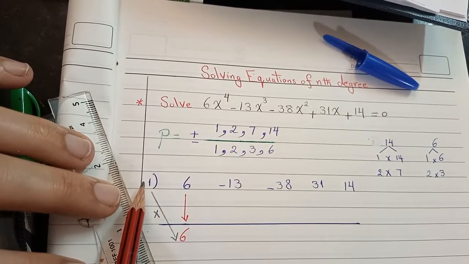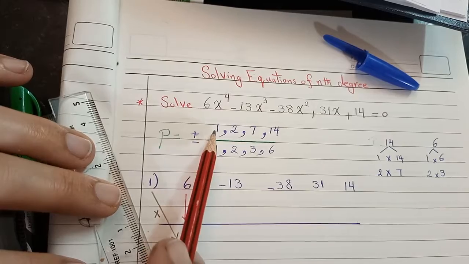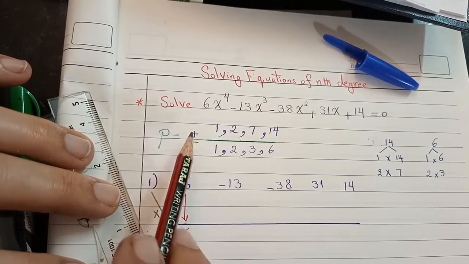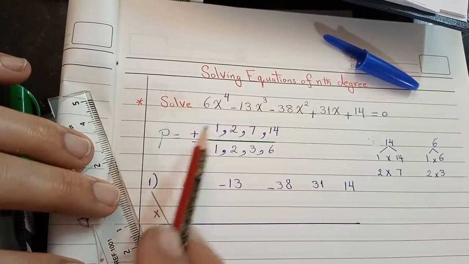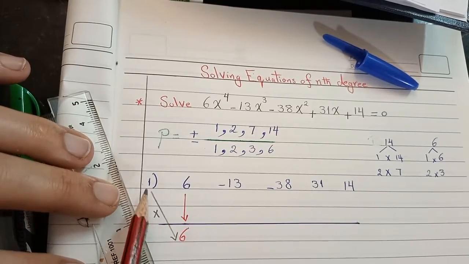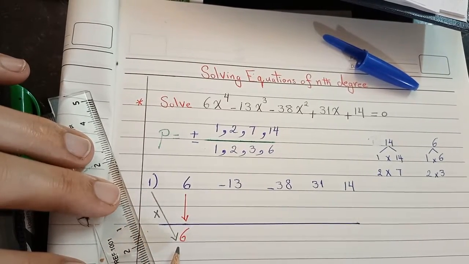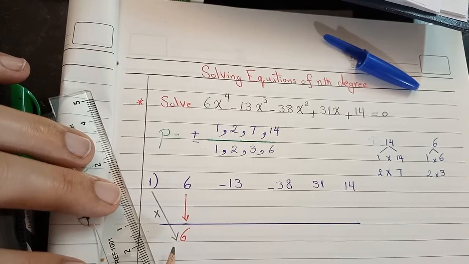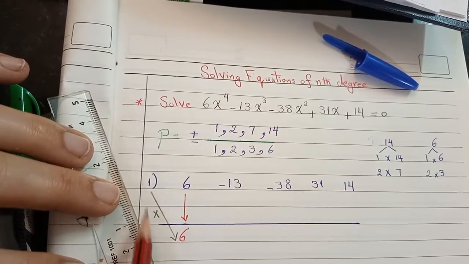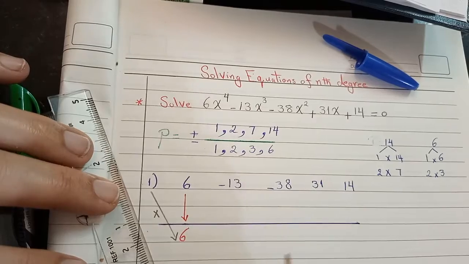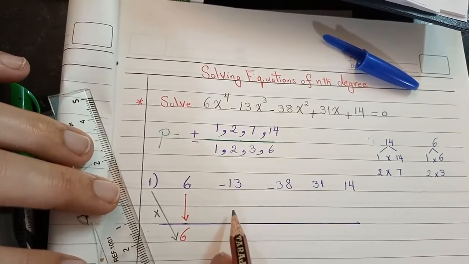And I want to remind you, this positive 1 came from the numbers we are trying here. We tried first positive 1. If it doesn't work, we will try negative 1. So I'm going to multiply that number I'm trying by the number that I have dropped down. What is the result of 1 times 6? It is 6. Where do we write this result?